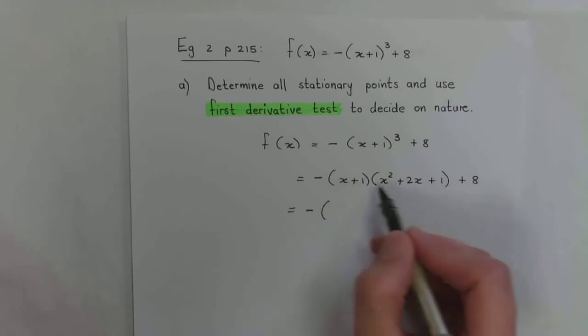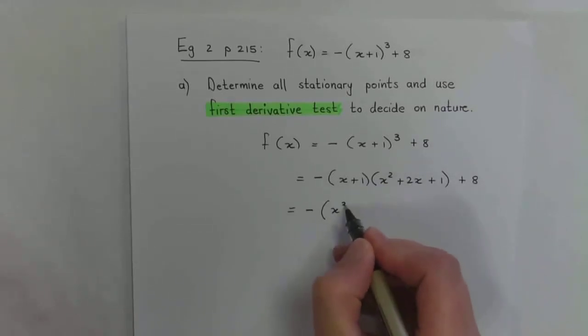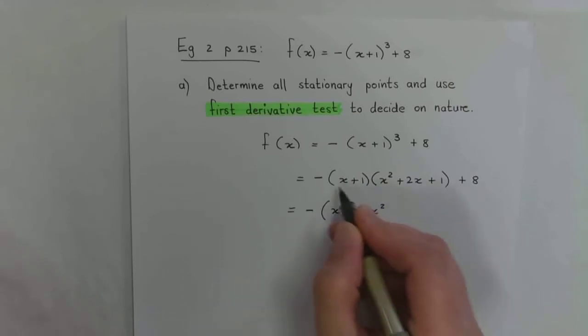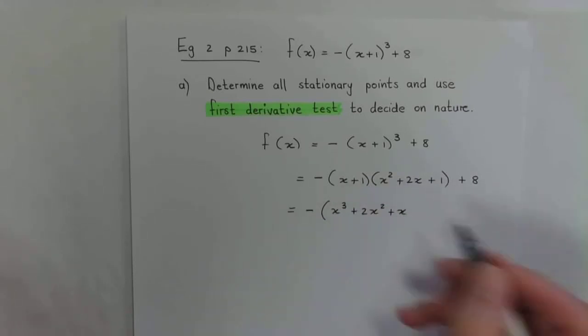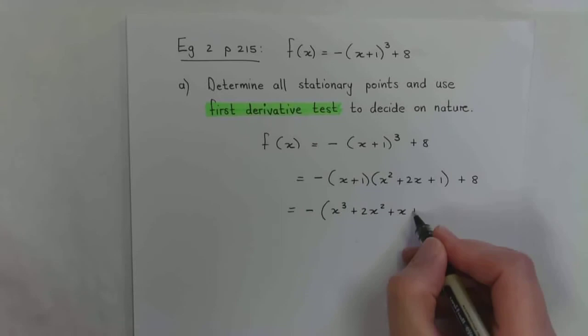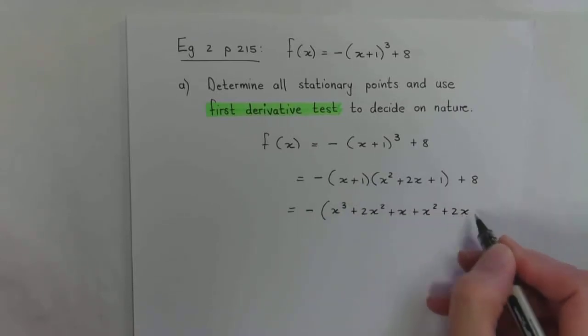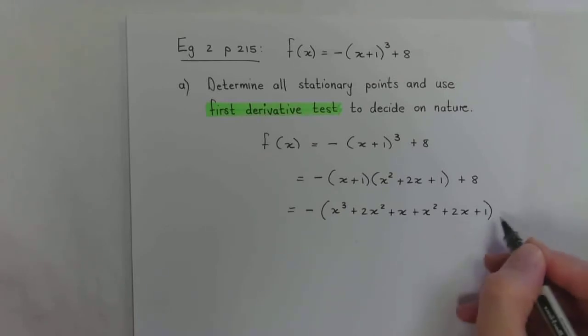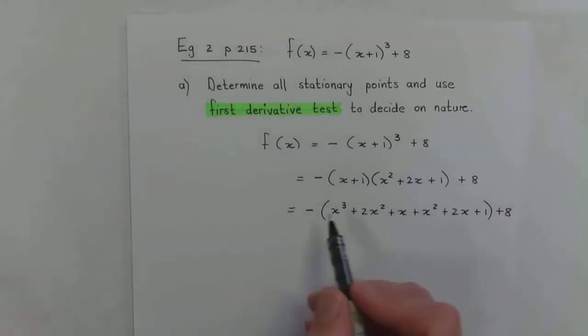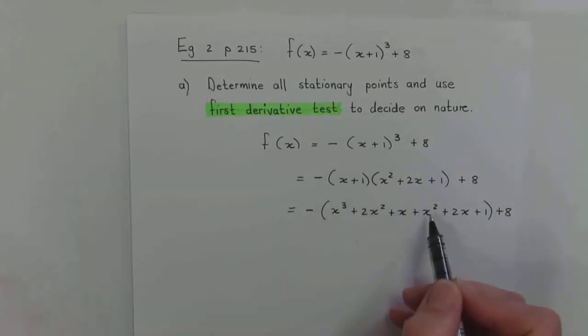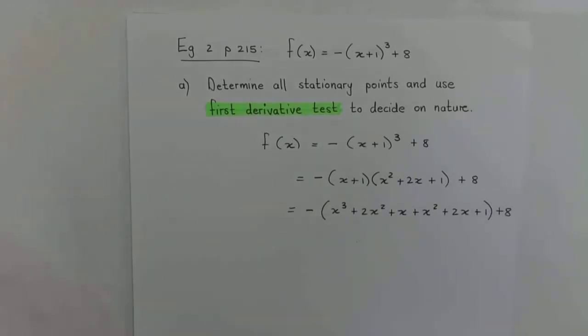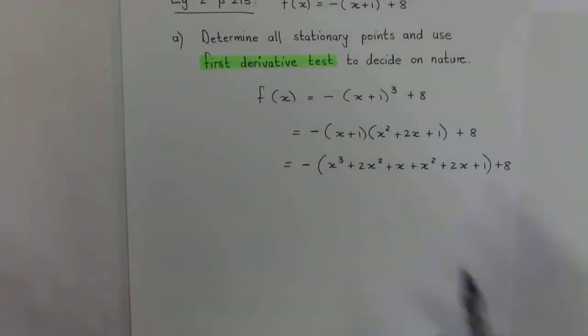So x times x squared is x cubed, x times 2x is plus 2x squared, and x times 1 is plus x. And then again, 1 times x squared is x squared, 1 times 2x is plus 2x, and 1 times 1 is 1. And then finally, I can add these like terms, distribute the negative, and add 8, which I'm going to do in pretty much one step.